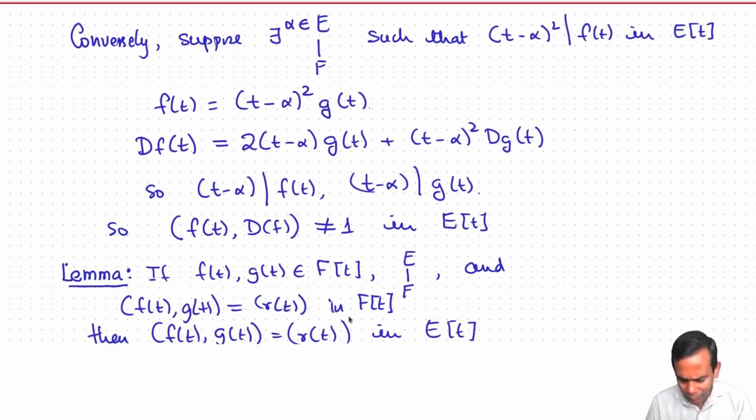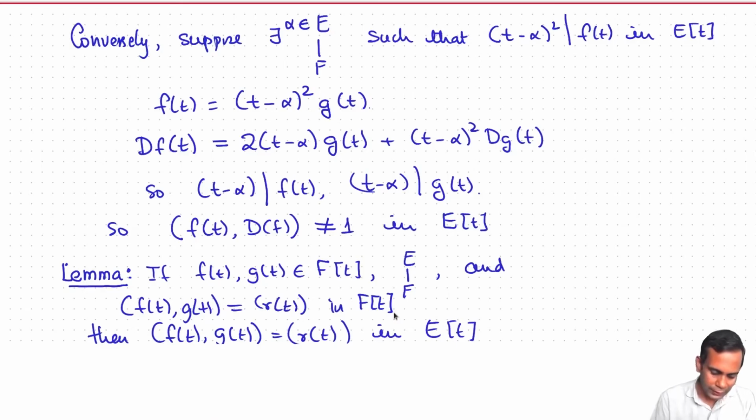It's possible that since you're allowing more polynomials, you may find more common factors between f(t) and g(t). But what this lemma is saying is no, this r(t) will generate the ideal of f(t) and g(t) even in E[t].